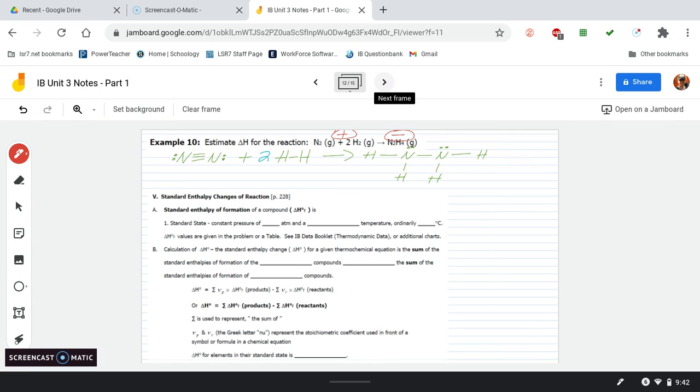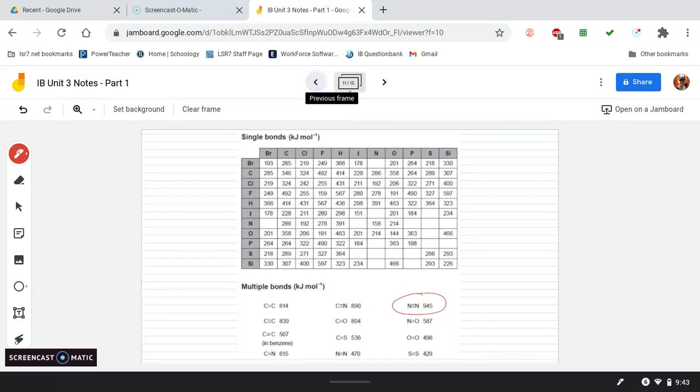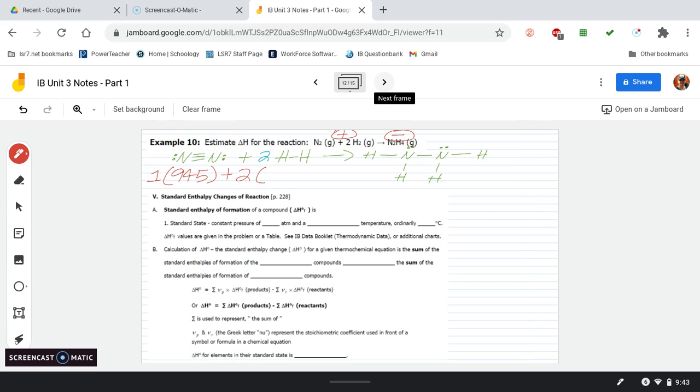Okay, so let's go ahead and plug that in. There's just a value of 1 in front of the nitrogen, so let's go 1 times 945. We're going to add that to 2 multiplied by, let's go back and look at the one we did a minute ago, H is 436. All right, so here we go. That's going to be 436.